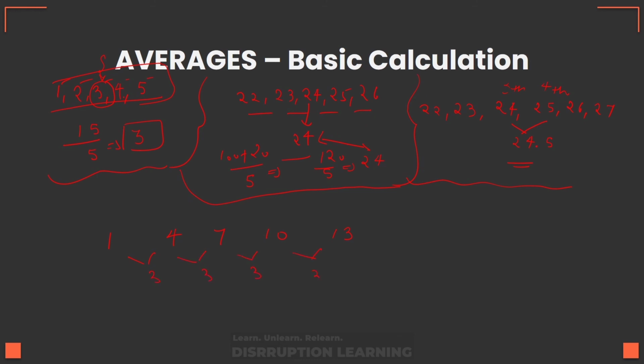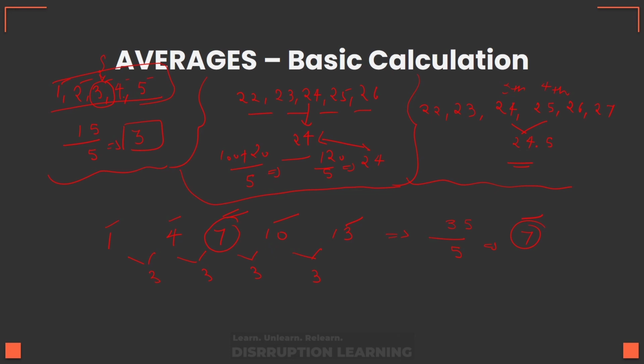Even in such a series, the average is going to be the middle number. So here the average is going to be 7. Now we can calculate. 1 plus 4 is 5. 5 plus 7 is 12. 12 plus 10 is 22. 22 plus 13 is 35. 35 is the total. Number of terms is 5. Again, the average is 7, as told in the shortcut.